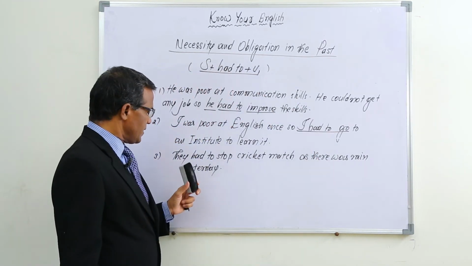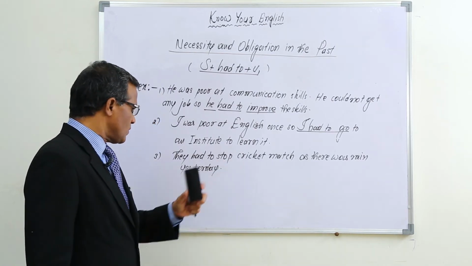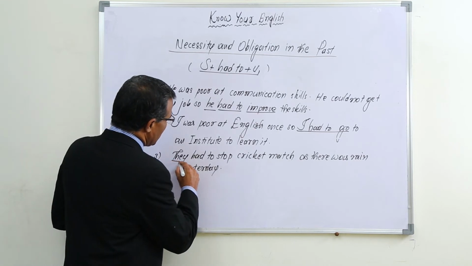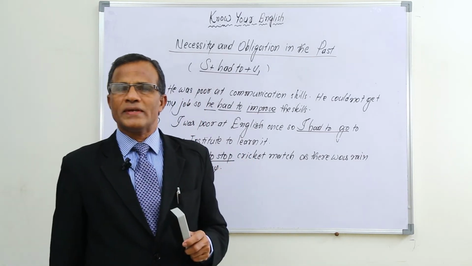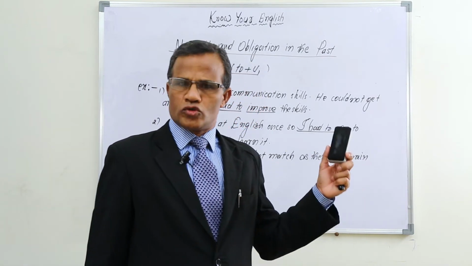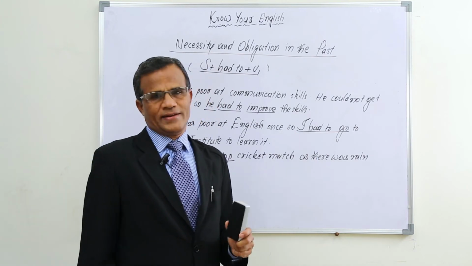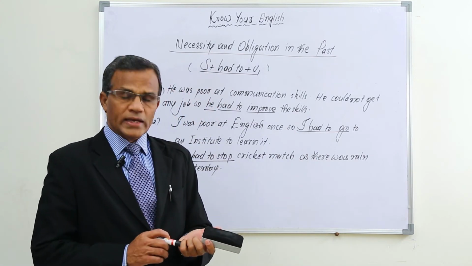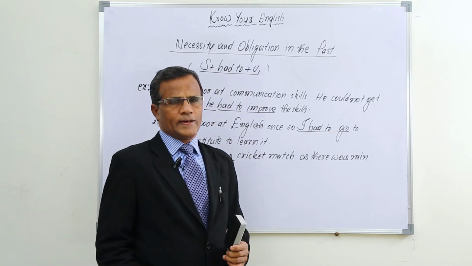And in the same way, they had to stop cricket match as there was rain yesterday. They had to stop means it was necessary for them to stop cricket match yesterday as there was rain. Such a way we can use the sentences as per this structure.